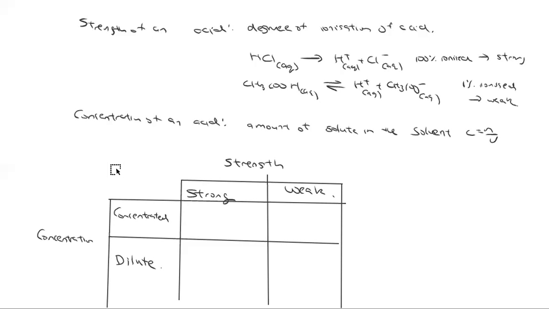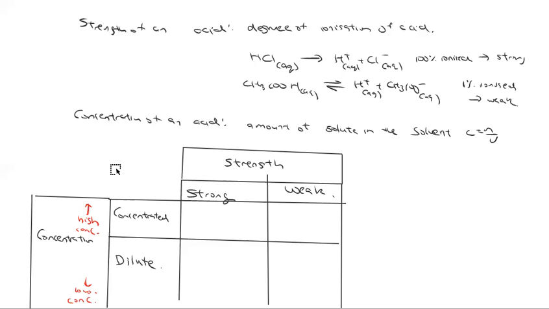So clearly, hopefully on this side, this is going to be high strength, or we'll just say strong, and this is high concentration. And this is going to be low concentration.